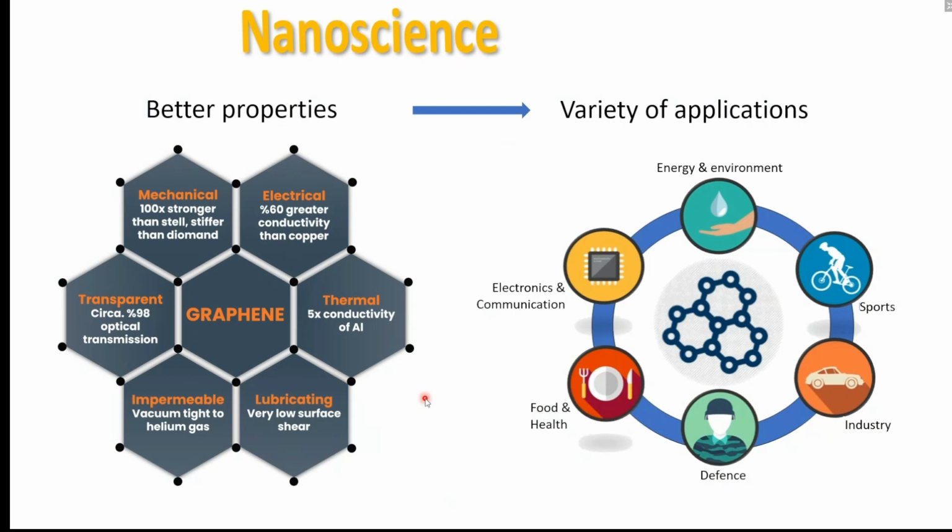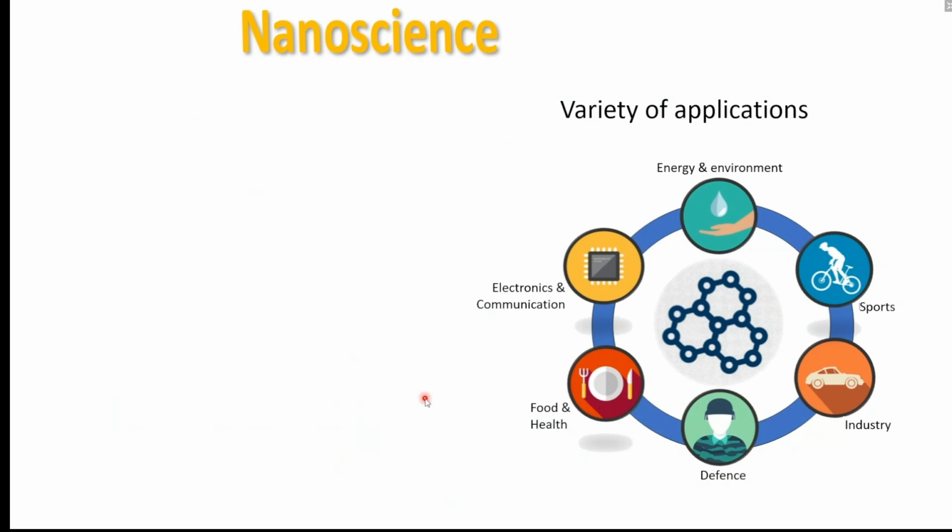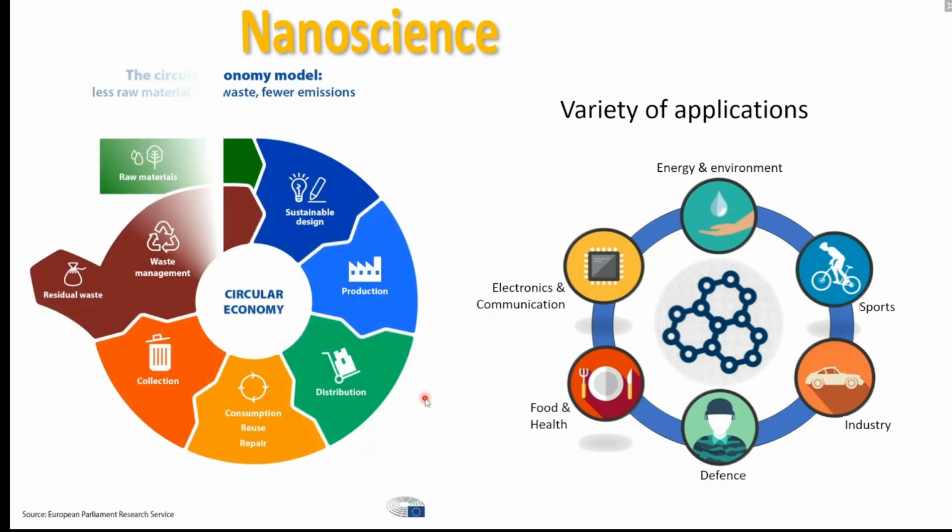If we want to use them from the point of view of sustainability, we have to take care of how we manage all these materials. We have tried to follow this circular economy model, taking care of the kind of materials we will use, how to design not only the synthesis but also the production, the distribution, and think about how these materials and these devices will work in terms of consumption, how reusable they will be, how easy to prepare.